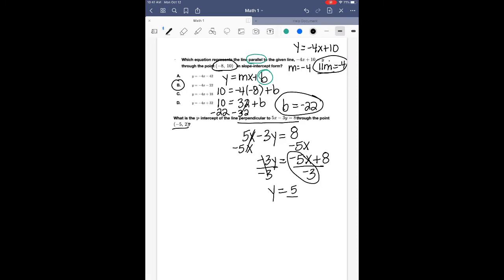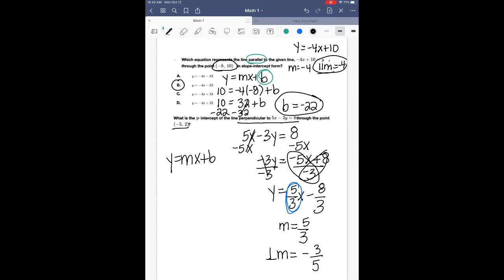So y equals +5/3x minus 8/3. And really, I don't care about the 8/3. What I care about is the 5/3. I know that my original slope is 5/3, but I want a perpendicular slope. So that's going to be the opposite, -3/5, the reciprocal.